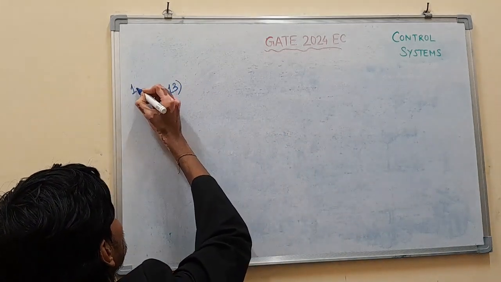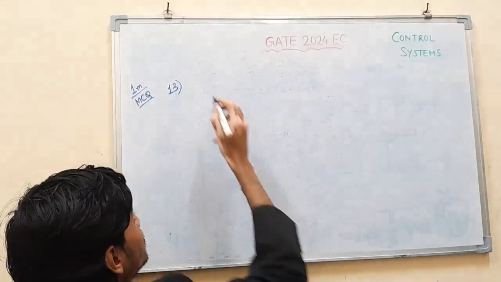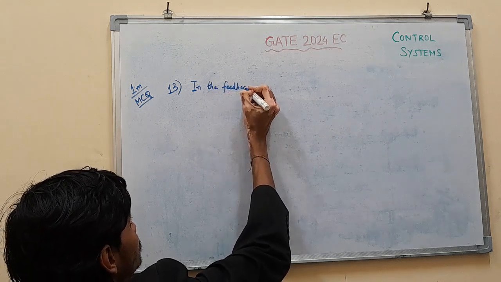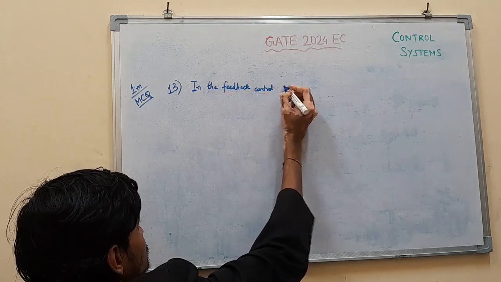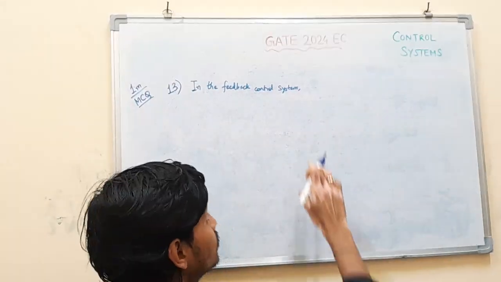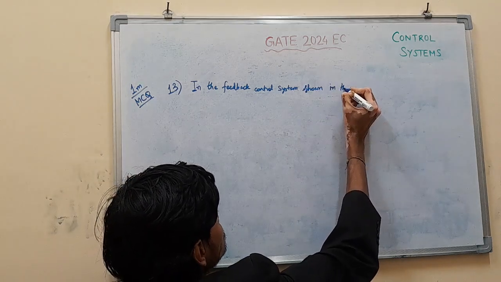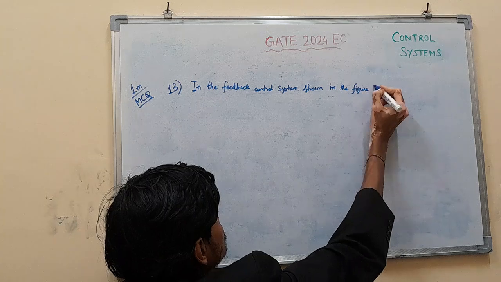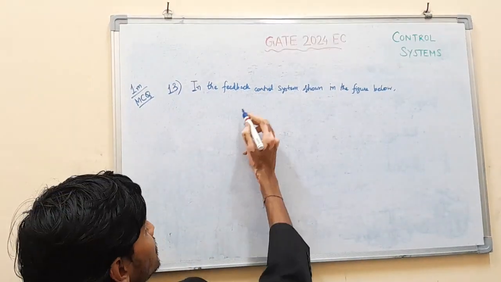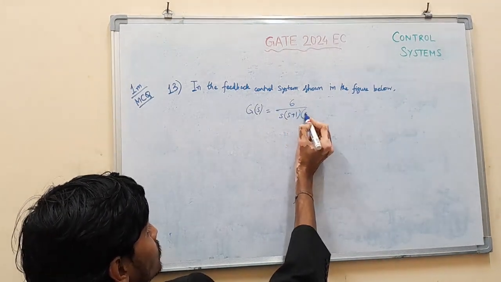It is given in the feedback control system shown in the figure below, G of S is 6 by S into S plus 1 into S plus 2.